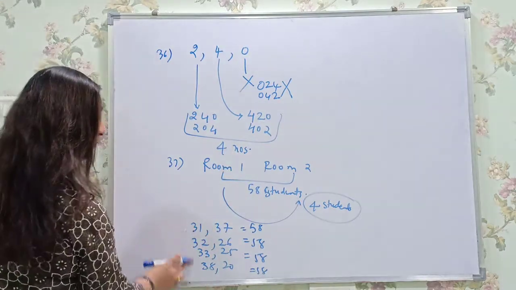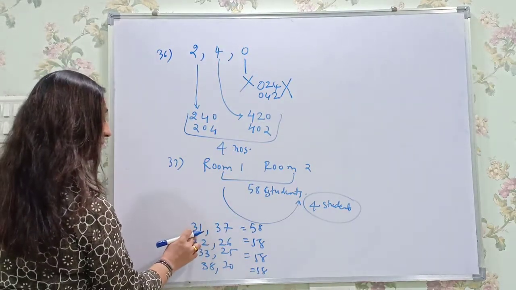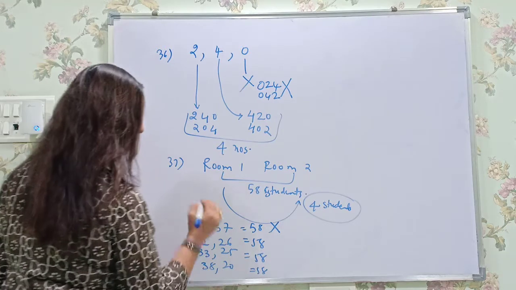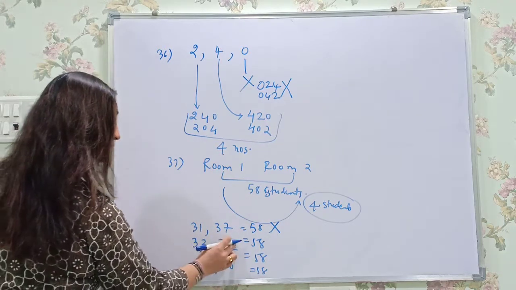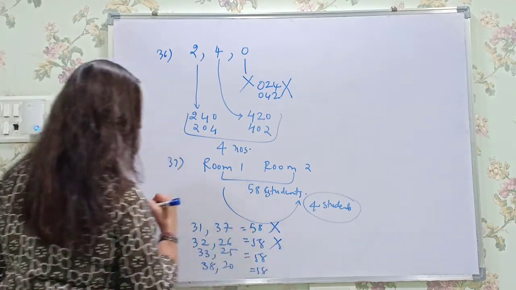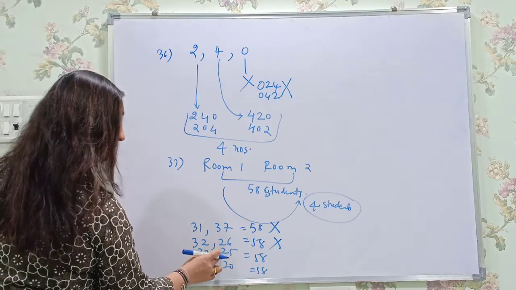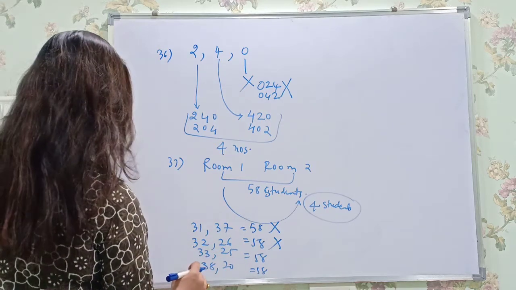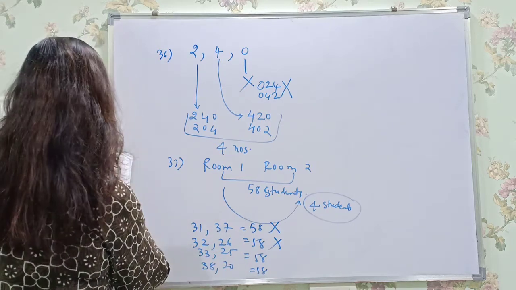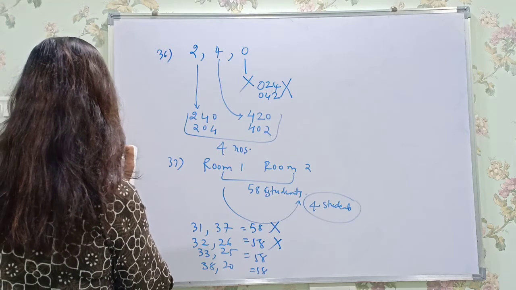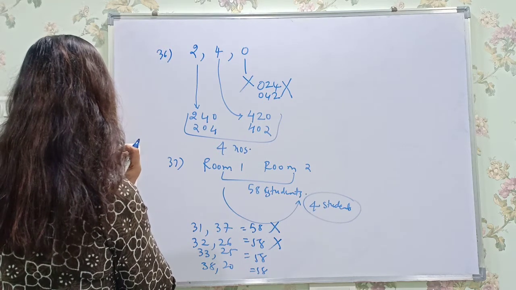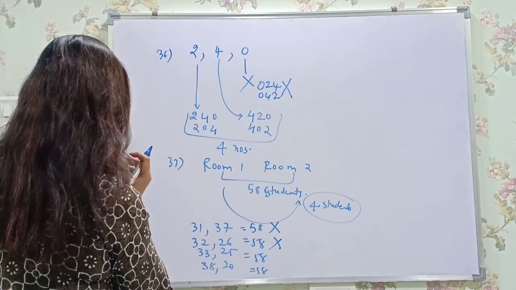So which number has got a difference of 4? 37 minus 31 is 6, so this is not it. 32 minus 26 is again 6, so this is also not it. 33 minus 25 is 8.